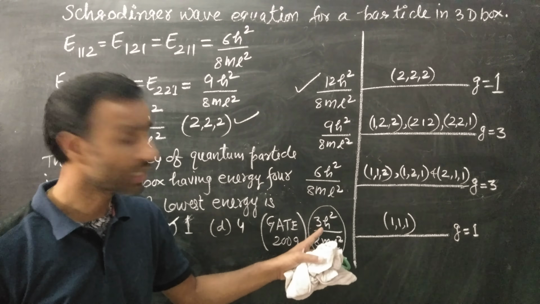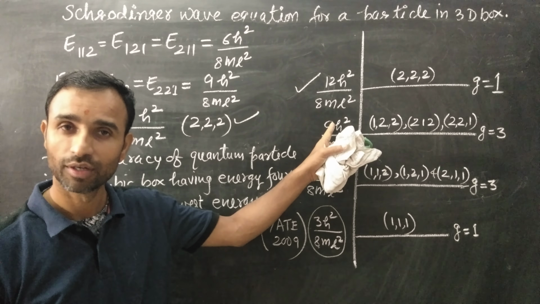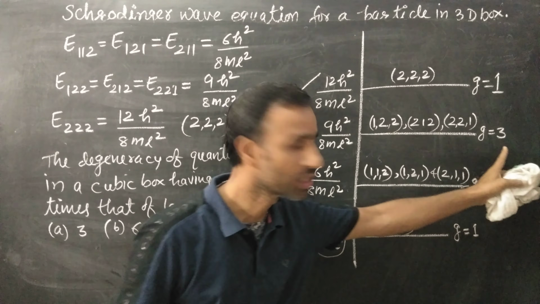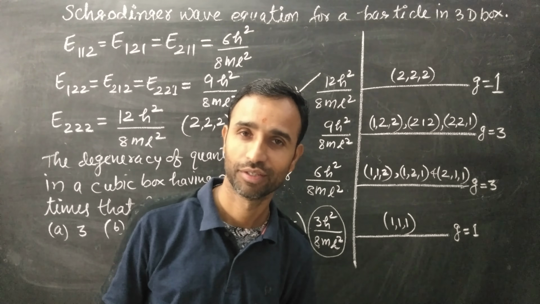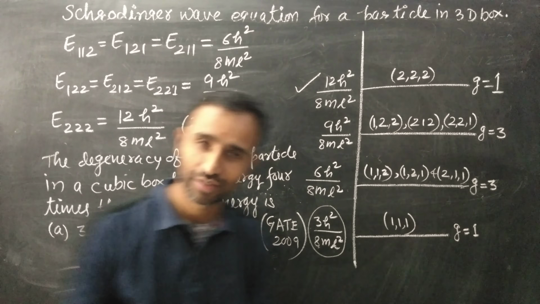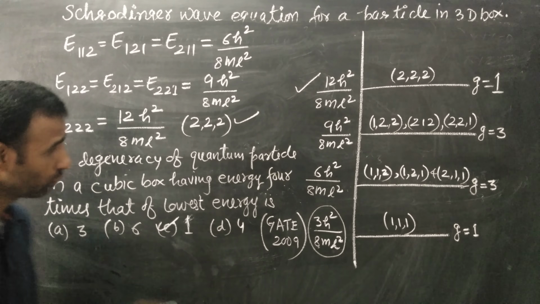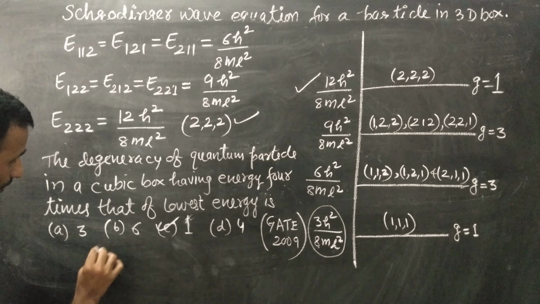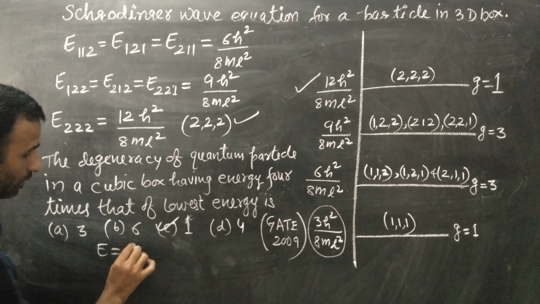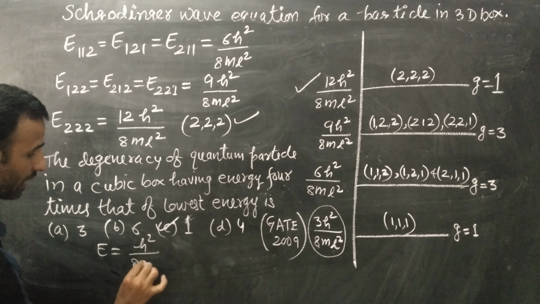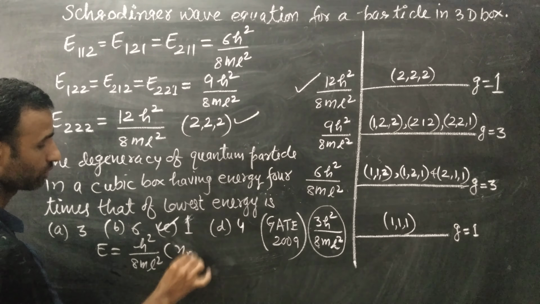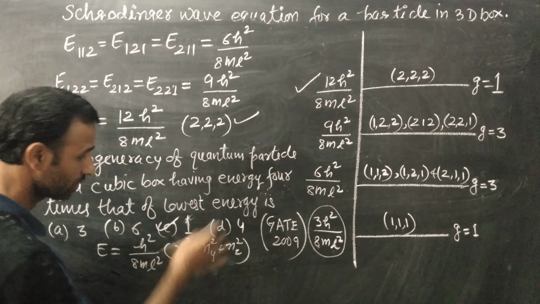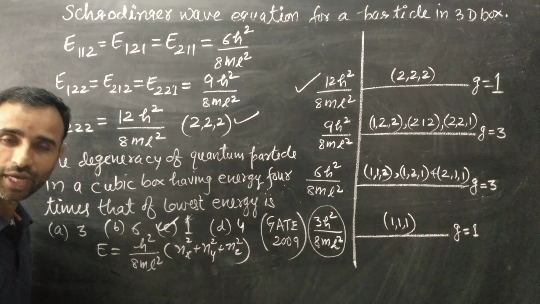If it is written here, it is 3 times, then it becomes 9. So its degeneracy should be 3, right? That's it. Very easy question. If you have this equation, that total energy equal to h square upon 8m L square and nx square plus ny square plus nz square, you can easily solve this question, right?